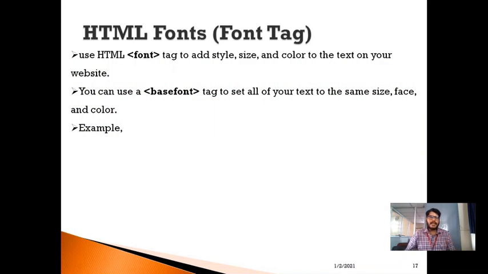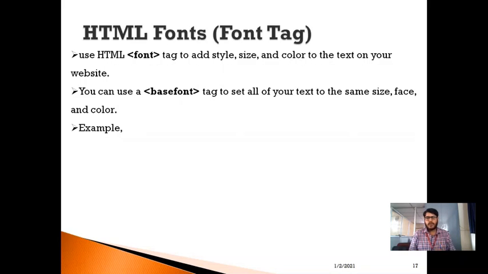And the next tag is the HTML font tag. We can use the HTML font tag so that we can add a font style, specify the size for the font, and also specify the color for the font on my web page.